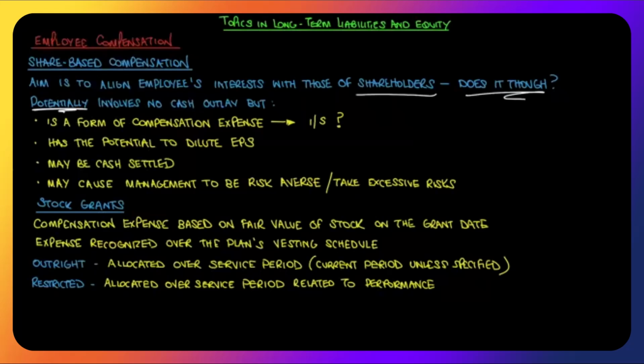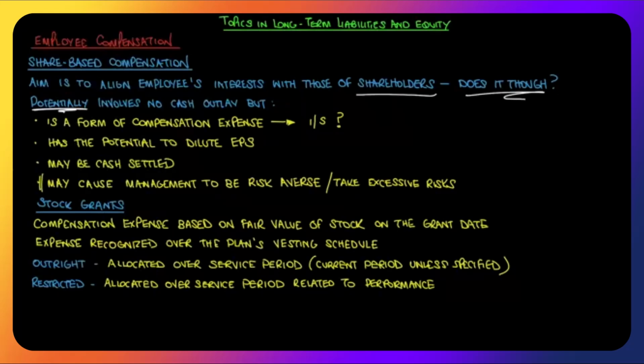Also worth noting, it's got the potential to dilute EPS if you're issuing shares as a result of share-based compensation. You may well dilute EPS, so something you often see when calculating diluted EPS, as you will do in that module. Maybe cash settled. There may just be cash compensation linked to share performance.